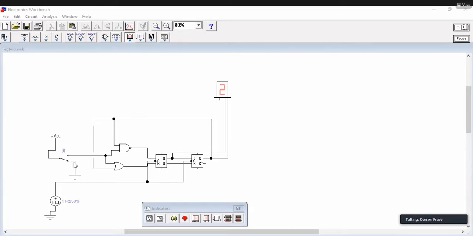If I turn it on, and in the middle of it I change, I changed it when it was 0.